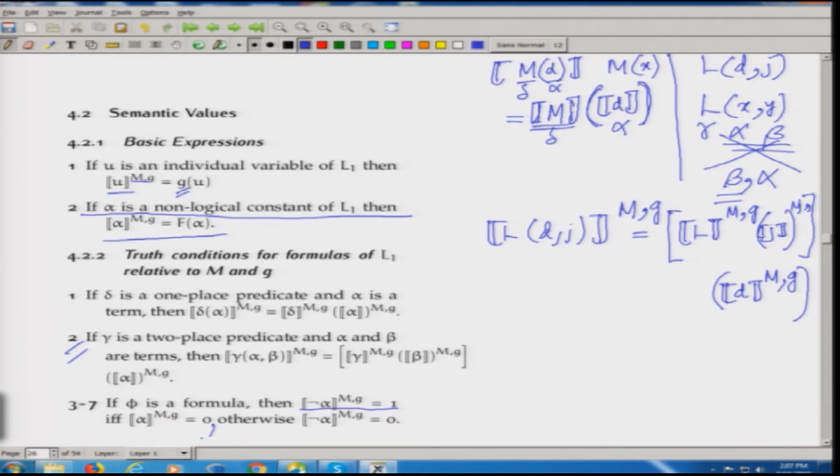Otherwise, it is 0. So, what does it say? For example, I do not know whether D likes J, we do not know whether D likes J, but the point is, suppose this is true, suppose this is 1, we just assume that this is 1, then what will be the denotation of neg L D J?